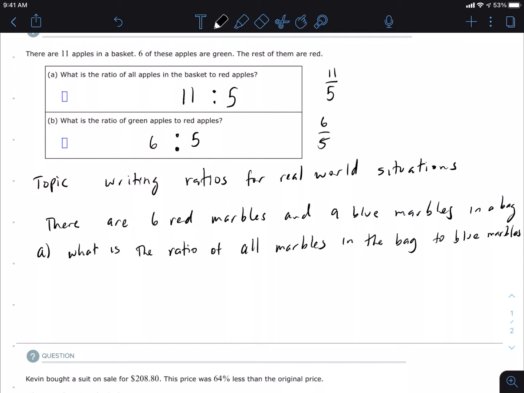So it's telling me I have 15 total marbles, but then it wants me to compare it to the blue marbles. So then I should go the colon, and then how many blue marbles do we have? Nine. You can write it in the chat if you'd like. Does that make sense, Jared?